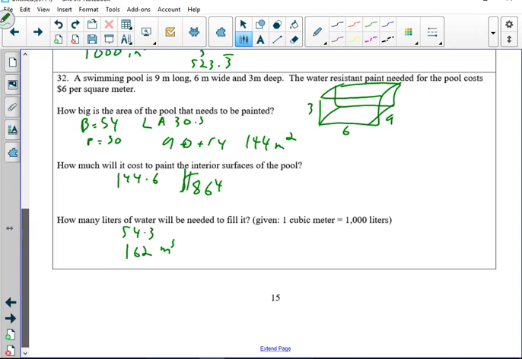And it says 1 cubic meter is 1,000 liters. So times 1,000, that's 162,000 liters. A lot.